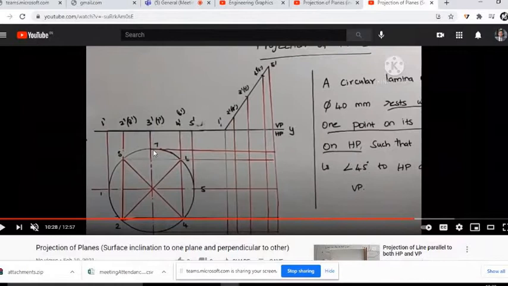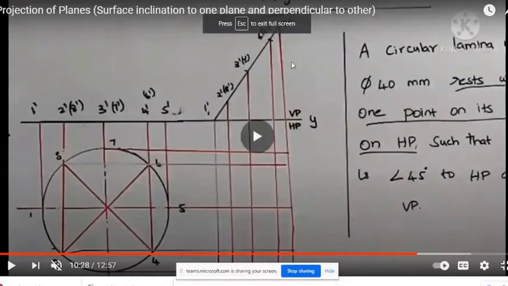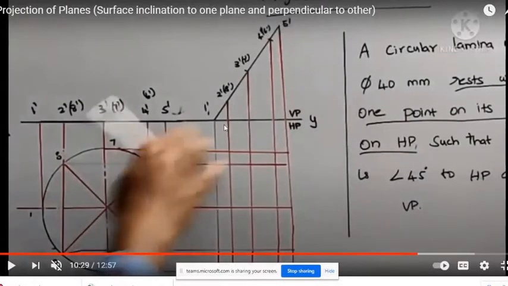For instance, this horizontal line passes through point 7, so this line corresponds to 7. Similarly, you identify point 7 here. The intersection of these two lines is my 7 suffix 1.